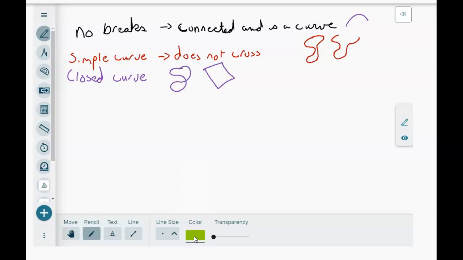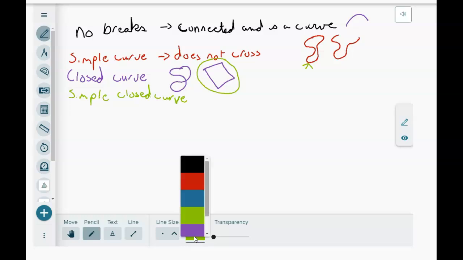Now, a simple closed curve would be one like this. This is a simple closed curve. This is also a simple closed curve because it does not cross itself and it has the same beginning and ending points.